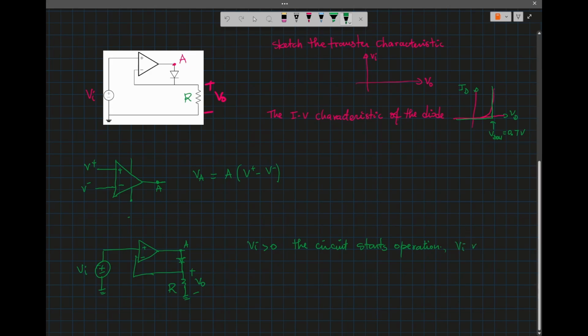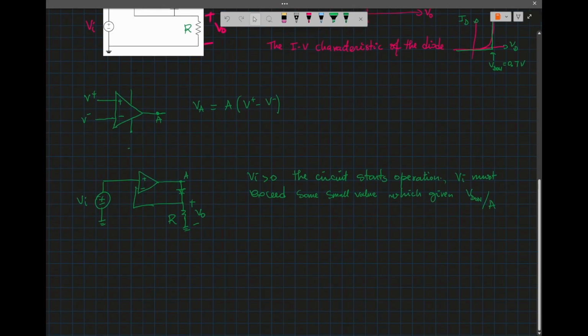So VI must exceed some small value that I'm going to derive in a minute, which is given by VD on divided by the open loop gain.